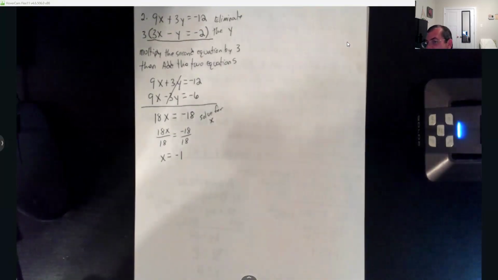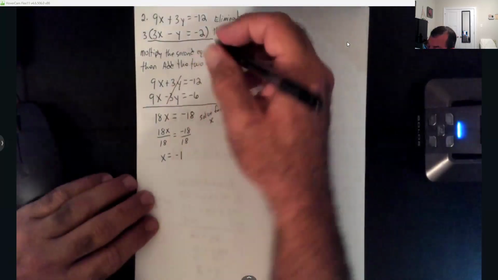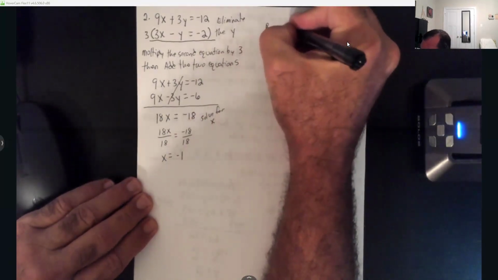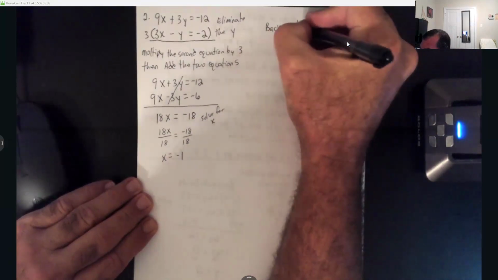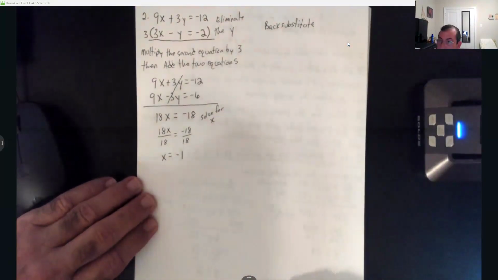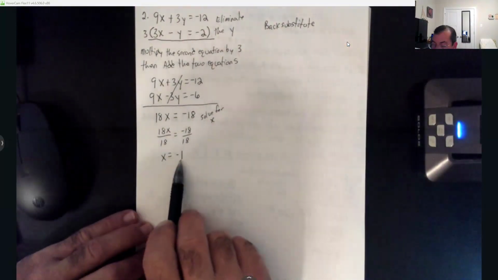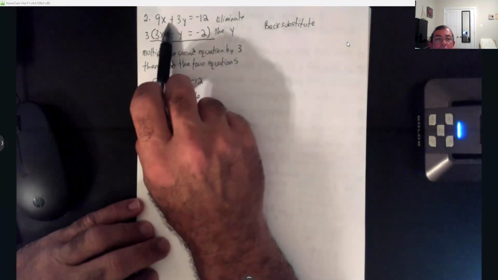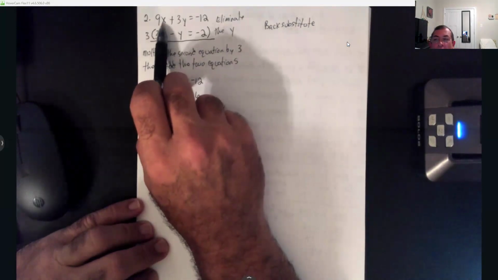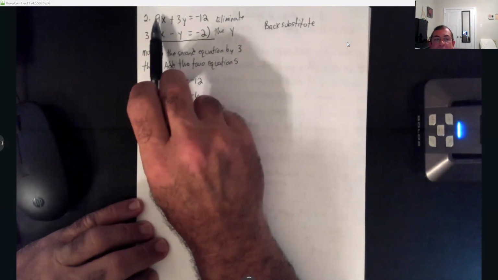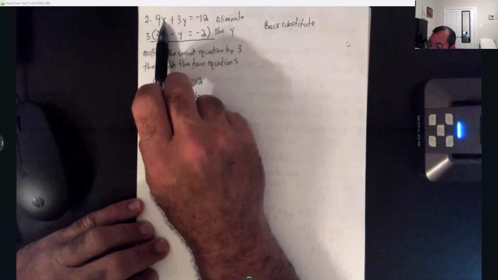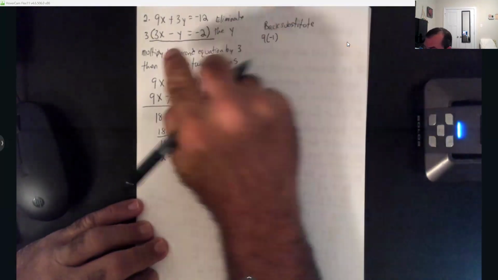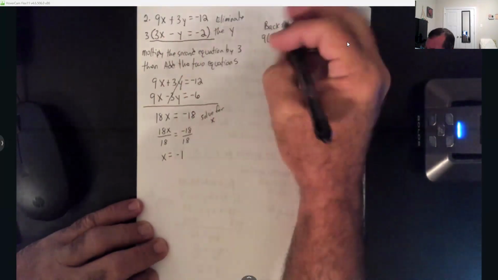So we now know what the x equals. So now we get to back substitute. Since I know x is -1, I'm just going to plug it into my first equation and put a -1 in for that x. So that'll give me 9 times -1 plus 3y.